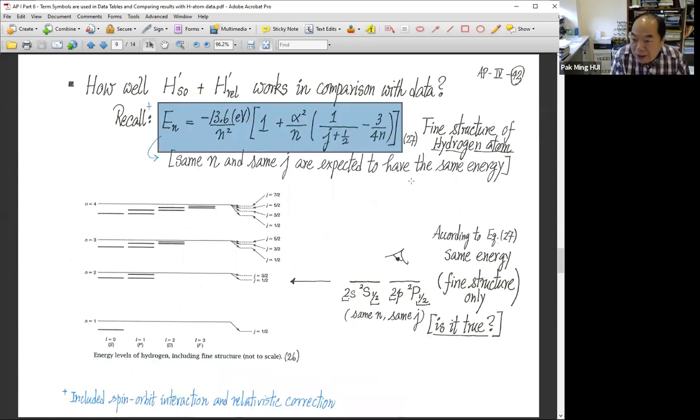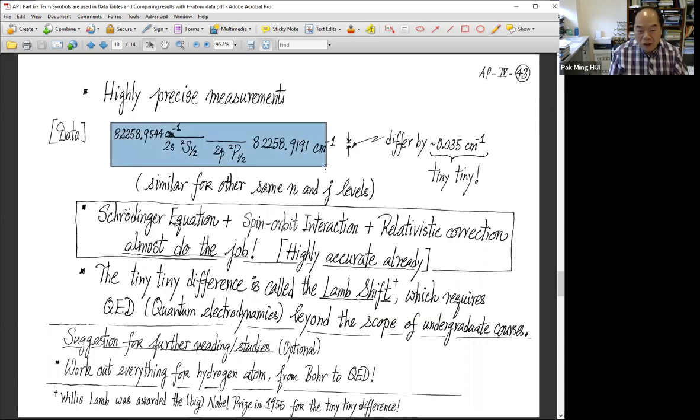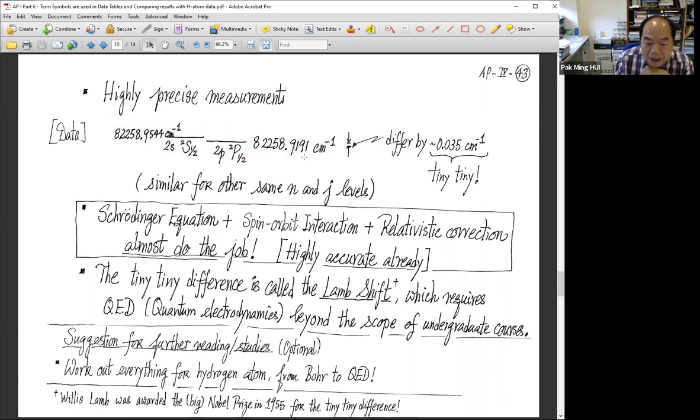But when experimentalists work harder, they have more accurate, high accuracy. There's still a discrepancy. And then theorists work to explain it, okay? But the story is that it is out of our ability at this level. This tiny difference is called the Lamb shift.